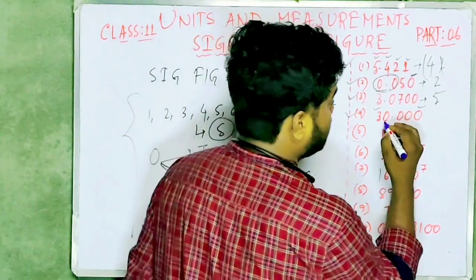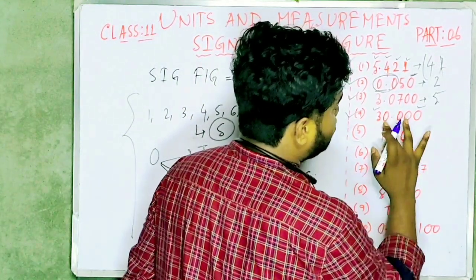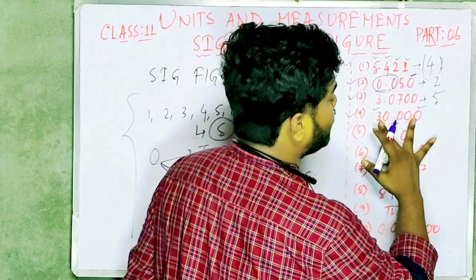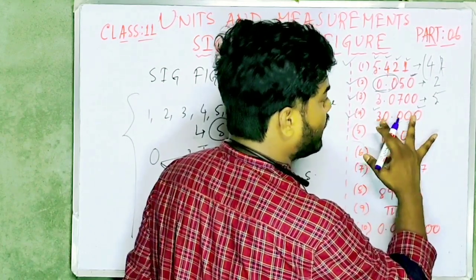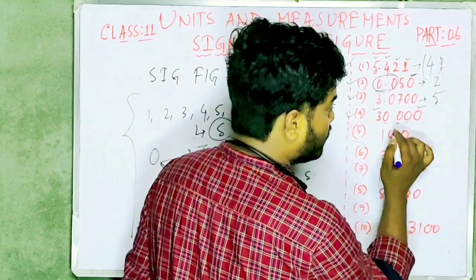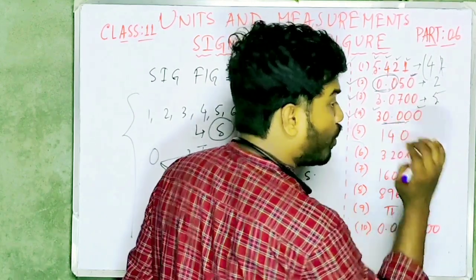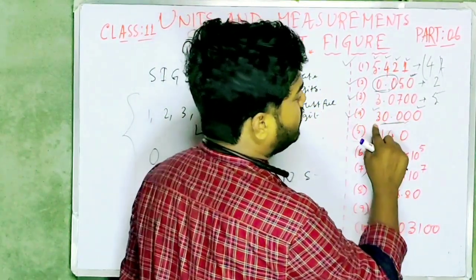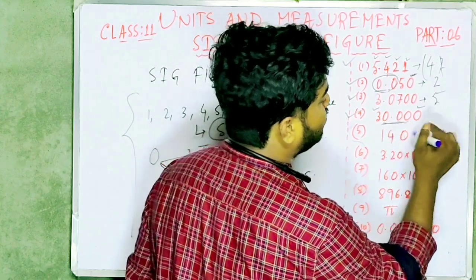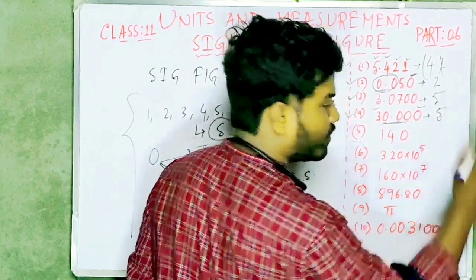So here 0 0 0, these 3 zeros are in between 3 and 0, 3 is significant, 0 is also significant, so these 3 zeros will also be significant. So there is 1, 2, 3, 4, 5, significant figure is 5.